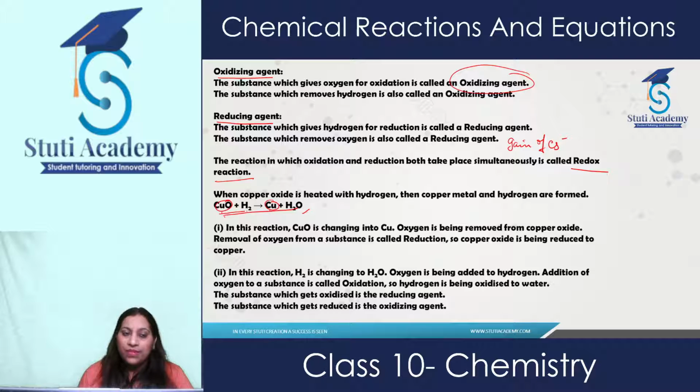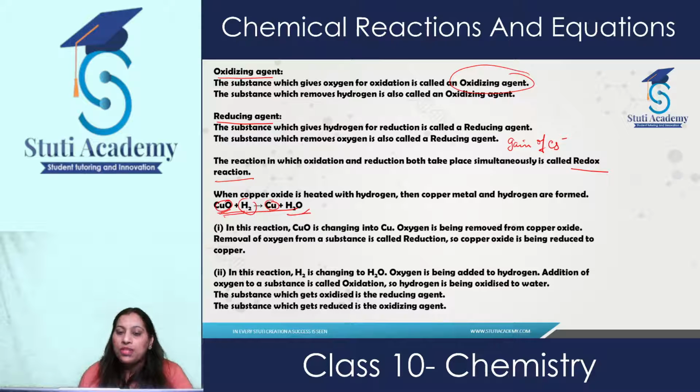So here this copper oxide undergoes a reduction reaction, and copper is known as the reducing agent. Now let's see hydrogen. Hydrogen is changing to water.